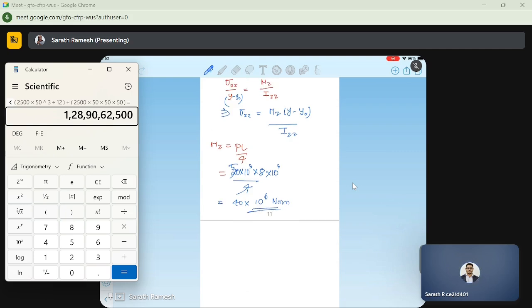Okay. So everything we can substitute in the equation of sigma xx in order to compute the stresses. The only thing which will vary is the vertical distance of the fibers.